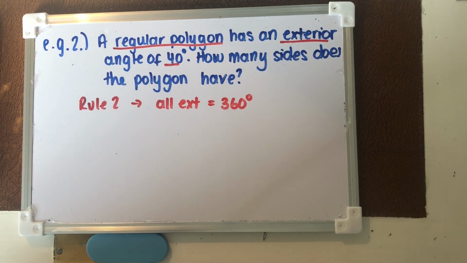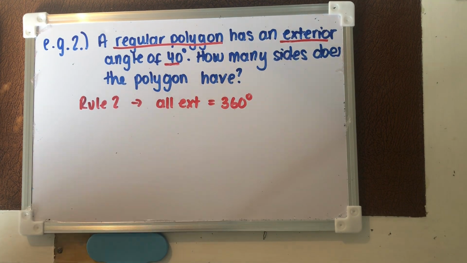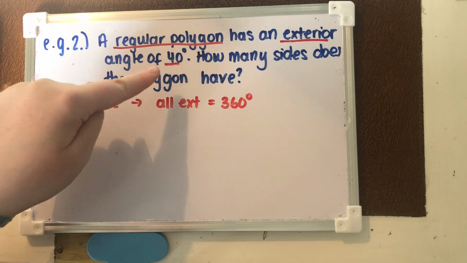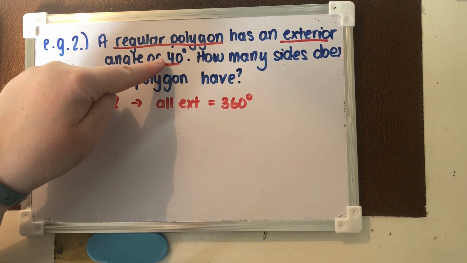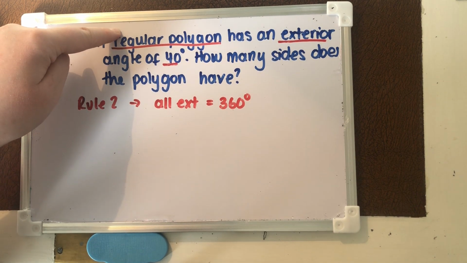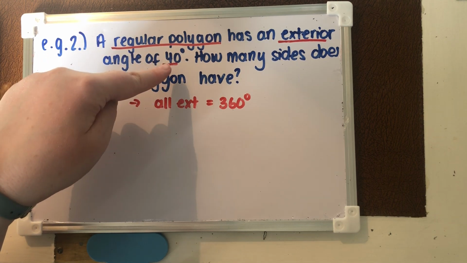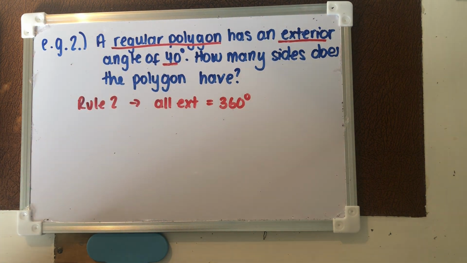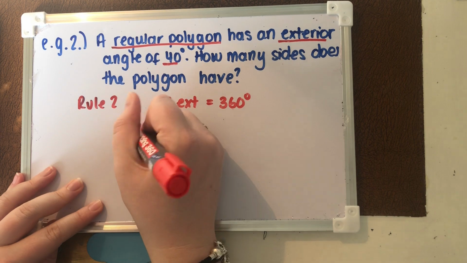We need to work out how many sides the polygon has. Now we know that each one exterior is 40, and all the exteriors must be the same because it's a regular polygon. So if we see how many 40s go into 360, that will tell us the number of sides.